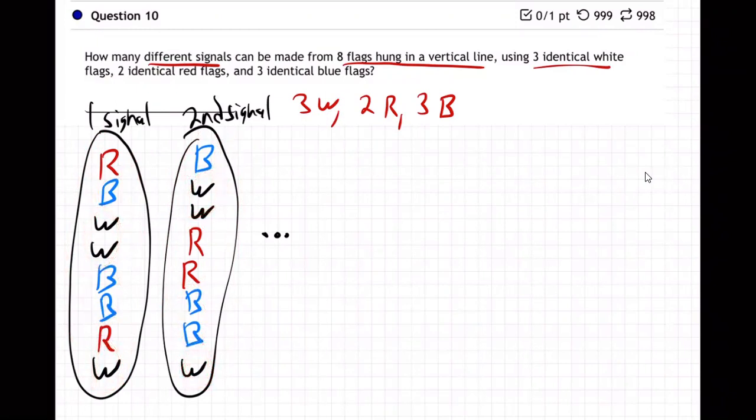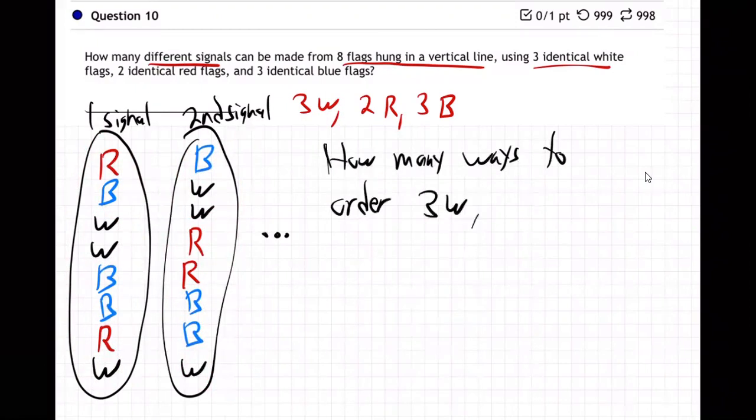So basically they're asking how many ways to order 3 whites, 2 reds, and 3 blues.